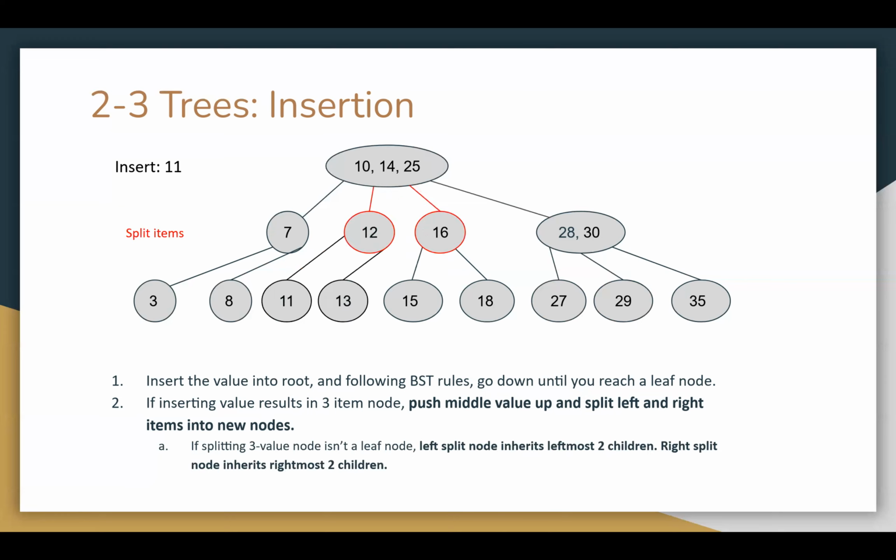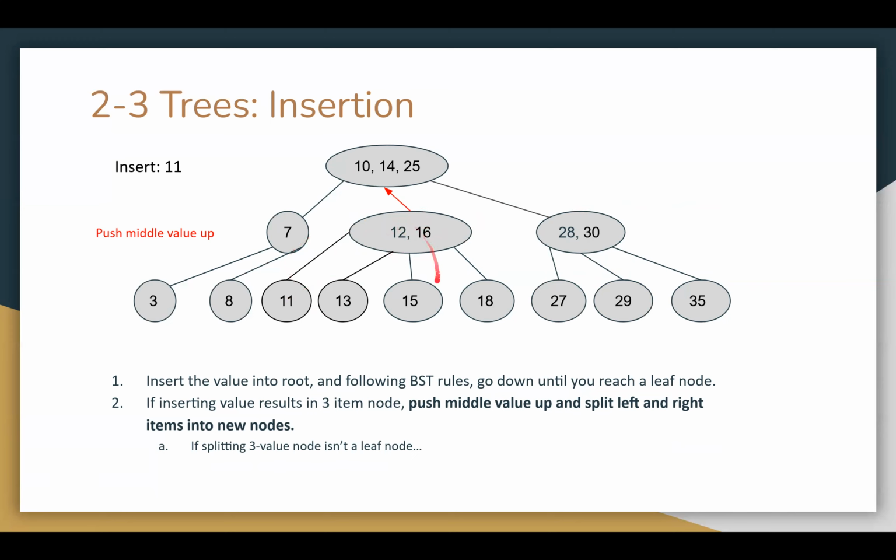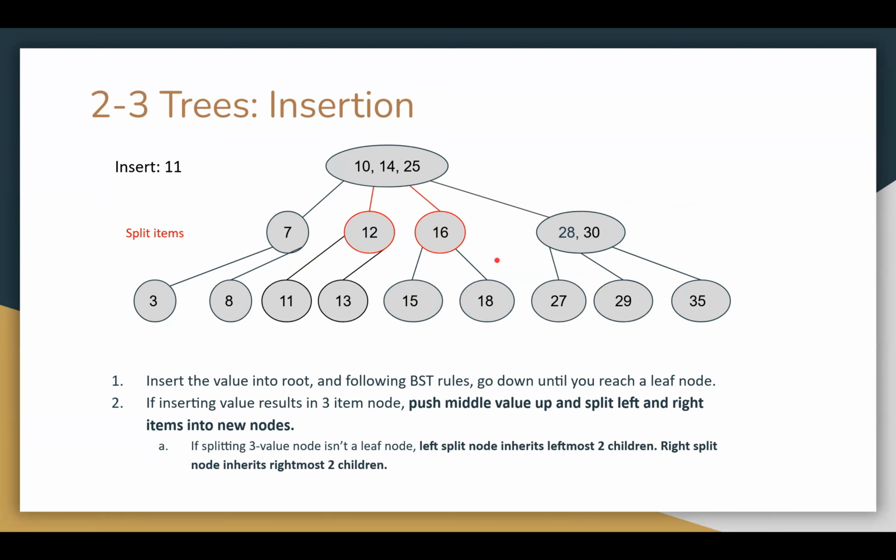And now what we do is we take the left split node, so 12, and that inherits the leftmost 2 children. And then the right split node, 16, inherits the rightmost 2 children. You see here, basically, before the split, 12 takes the leftmost 2 nodes, and 16 takes the rightmost 2 nodes, like this.